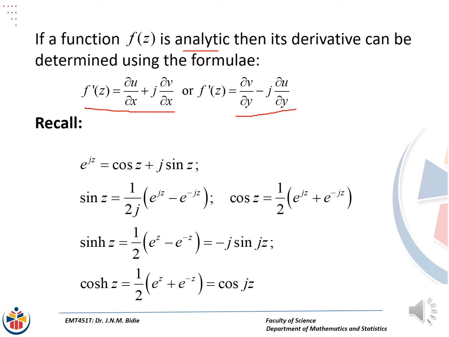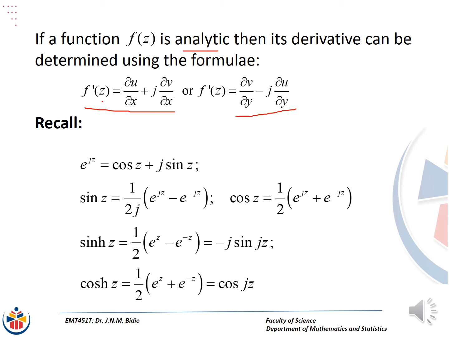And please recall that immediately we substitute du over dx and dv over dx, we need to simplify and then change the whole expression and write it in terms of z. We can even use the second one, where we do differentiation with respect to y, noting that now we start with dv over dy minus j times du over dy, if we choose to use the second formula for the derivative.